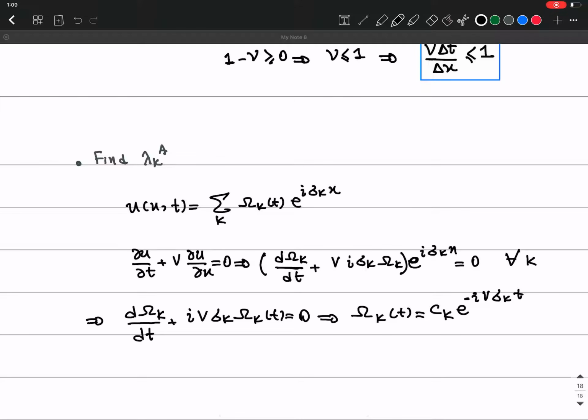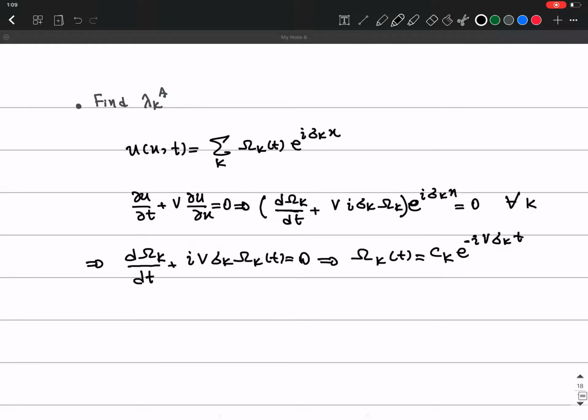And therefore lambda k analytical is going to be omega k(t plus delta t) over omega k(t), which is going to be e to the minus i v sigma k delta t based on this.